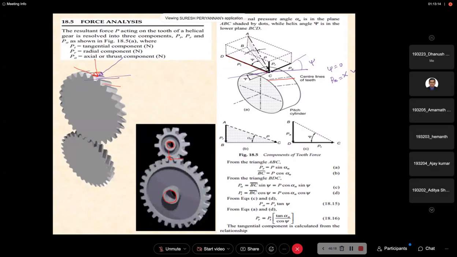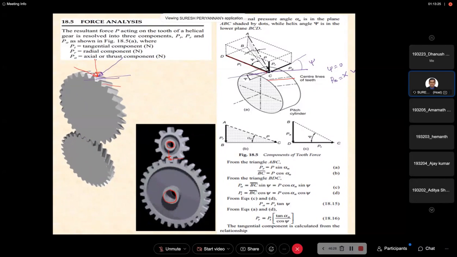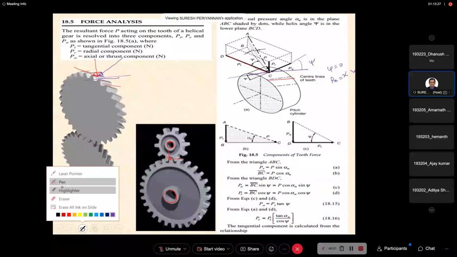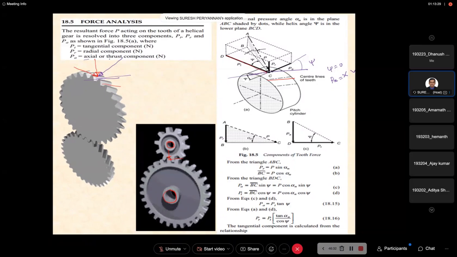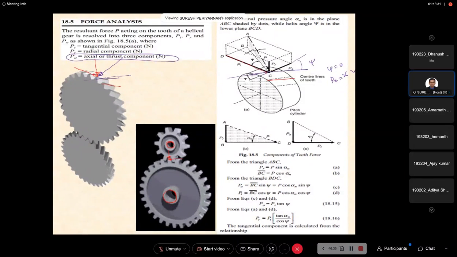Now see here, when psi is equal to 0, it will become a spur gear. Then the axial component or thrust component is going to be neglected when we consider psi equal to 0.